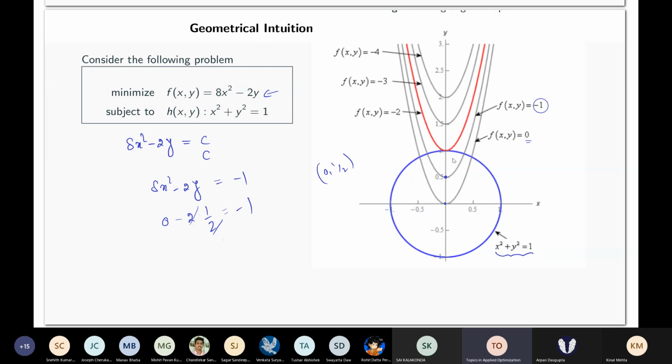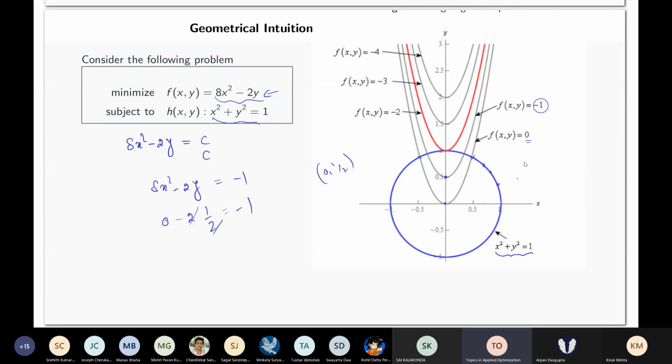This is a fixed guy, a circle of radius equal to 1. We see that some of the level curves are intersecting with it. Our problem is to minimize this function subject to this constraint. Whatever (x, y) we find has to satisfy this equality constraint, so it must be a point on the circle itself.